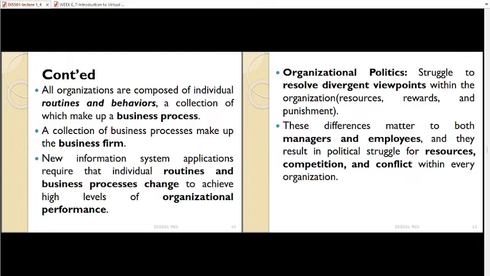And beyond that, there is also organizational politics. Politics will always be there, because we all don't look at things from one perspective. We have divergent viewpoints, and our divergent viewpoints are what make us what we are.